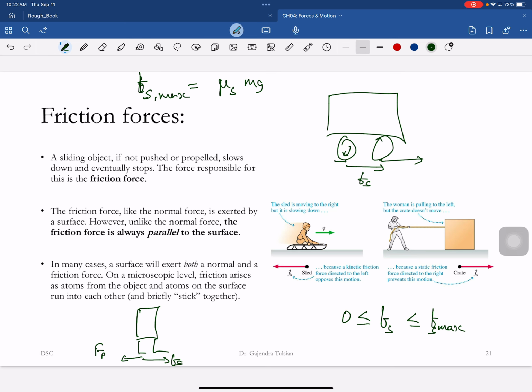So when they're burning the tires, they're making this number bigger. So the maximum static friction force is greater, and you can accelerate faster. We use friction forces in our life all the time. They're important.